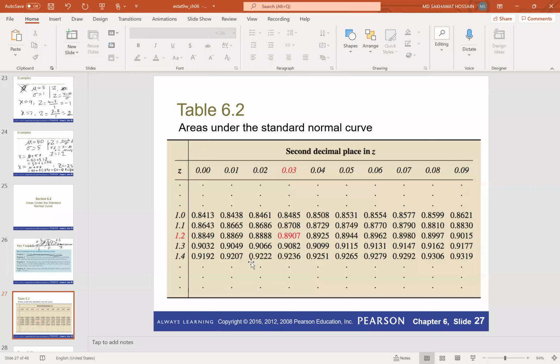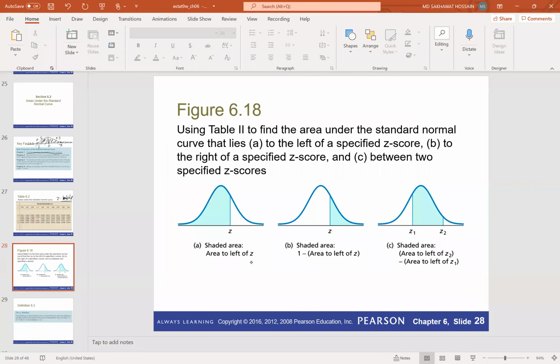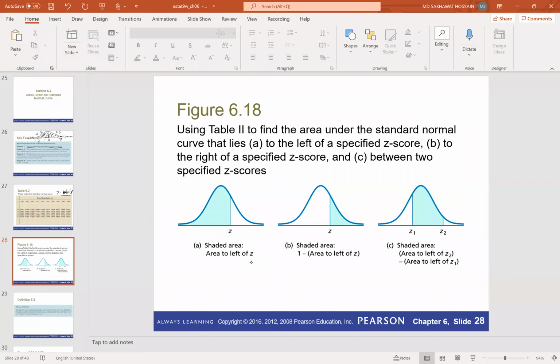Here we have the table for areas under the standard normal curve. This is called the Z table. You will be using the Z table to find the probability corresponding to a Z score. Here we have area to the left, area to the right, and area in between two numbers.